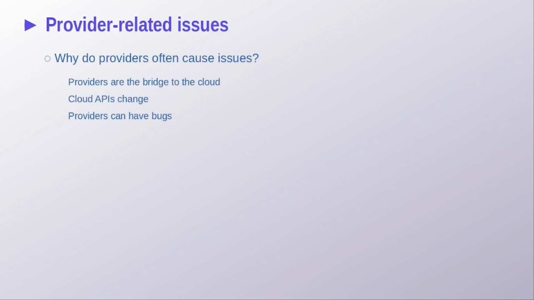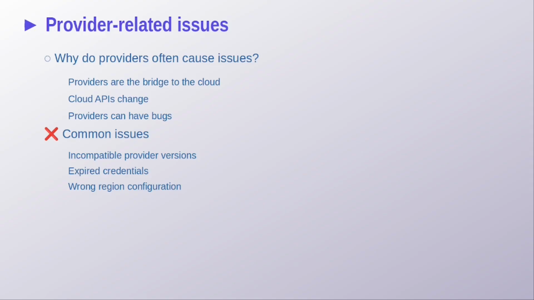Provider-related issues. Why do providers cause many problems? The provider is the bridge between Terraform and the cloud. When cloud APIs change, provider changes happen first. Common provider issues: wrong provider version, wrong AWS credentials, wrong region, missing IAM permissions.